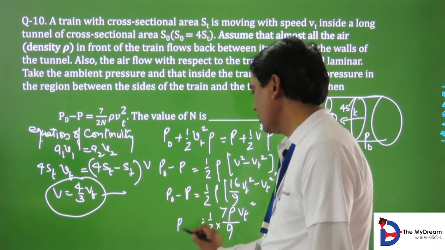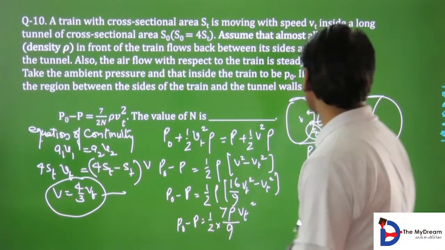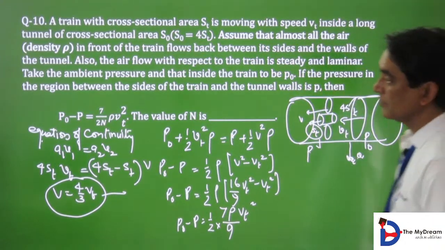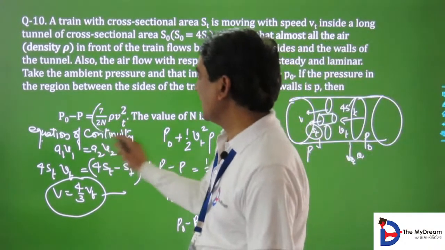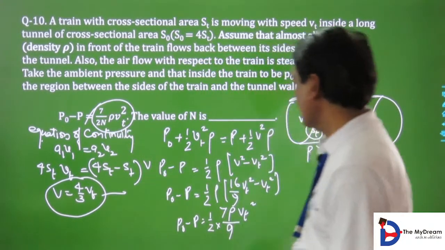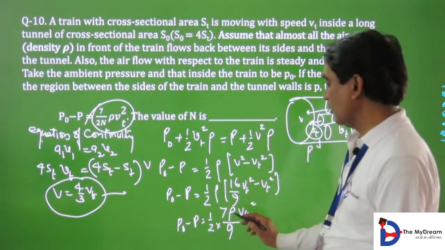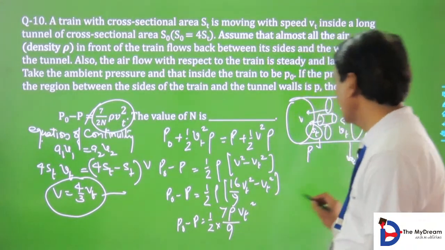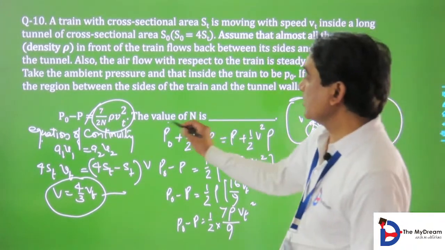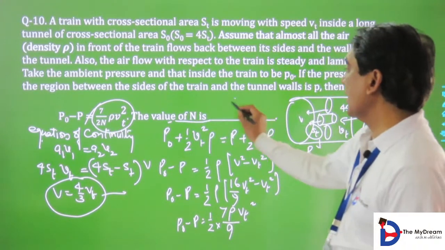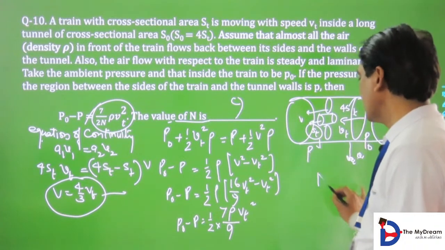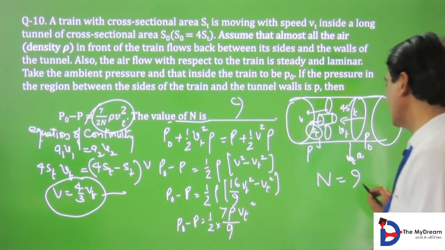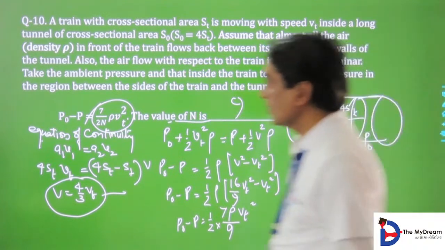This is P naught minus P. Then whatever is written over here, that is 7 by 2 rho Vt square, in place of n you can write 9, because n is equal to 9.